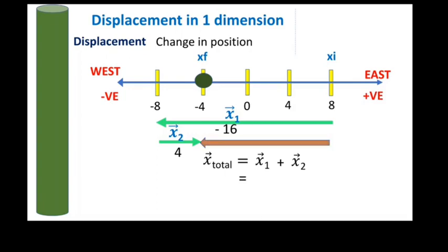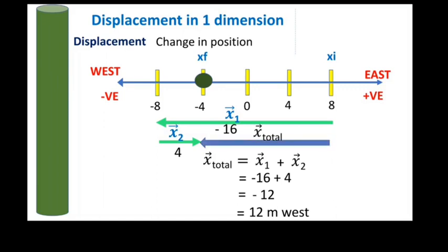So we get -16 plus 4. -16 plus 4 will give me -12. Again, at this stage, we are now aware of what a -12 means. A -12 means we have moved 12 in the negative direction or in the west direction. So I would leave my answer as 12 meters west. So the total displacement is still 12 meters west. So there's my x total.